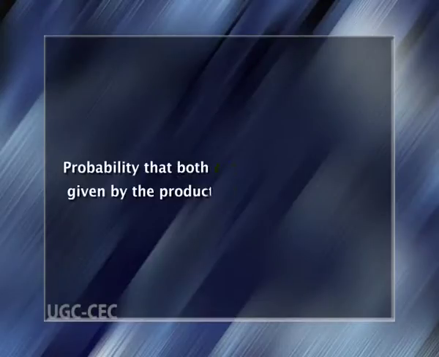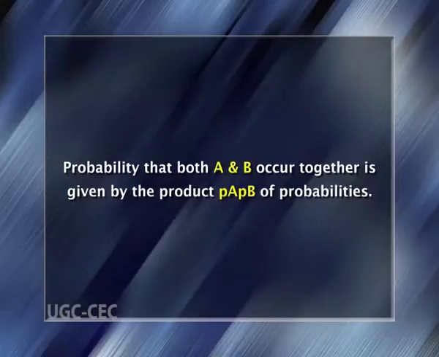The association between the alleles A and B can be regarded as completely random, which is known in statistics as independence, when the occurrence of one does not affect the occurrence of the other, in which case the probability that both A and B occur together is given by the product Pa×Pb of the probabilities. There is said to be a linkage disequilibrium between the two alleles whenever Pab differs from Pa×Pb for any reason.